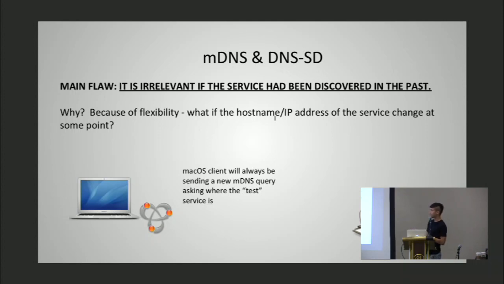So the main flaw there is that even if in the past a printer had established its presence by going through the probing and announcement phase, we still can exploit that as an attacker on the network. And so the macOS client that wants to print the job will always be sending a new mDNS query asking where the test service is.